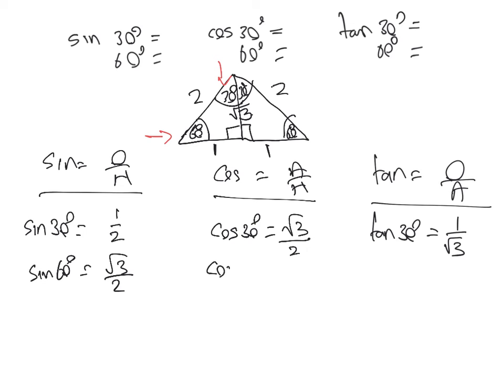The cos of 60 degrees is the adjacent, which is 1, over 2, so a half. And then the tan of 60 degrees equals opposite, which is root 3, over the adjacent, which is 1, or root 3. And that gives us all 6 answers using one simple equilateral triangle.